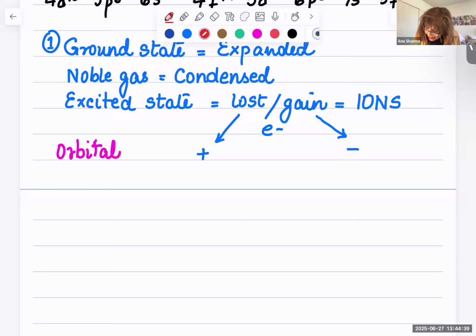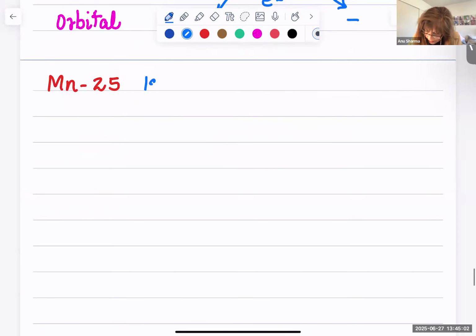Okay, orbital diagrams. Let's say, for example, we are doing the electronic configuration of, we did iron and copper, let's do manganese, Mn, atomic number 25. Manganese 25 is 1s2, 2s2, 2p6, 3s2, 3p6.